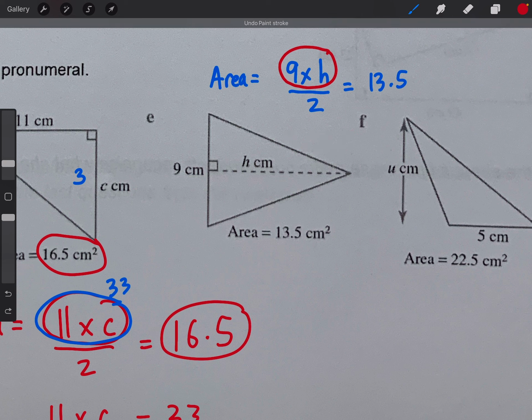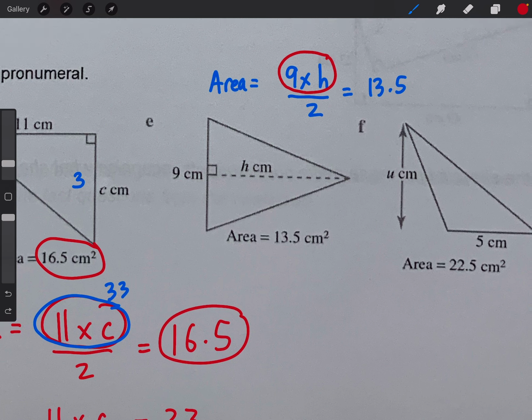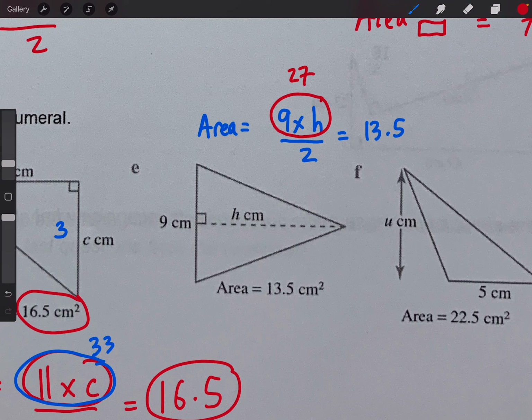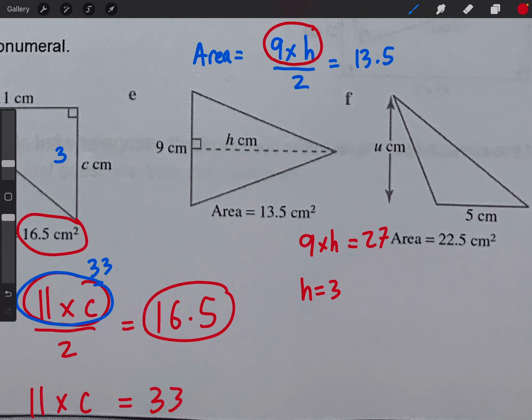Okay, so double of 13 is 26. Double 0.5 is 1, so 26 plus 1 is 27. So therefore, this top number must equal 27, because 27 divided by 2 is 13.5. So now we know that 9 lots of h is equal to 27. So therefore 9 times what is 27? h is equal to 3. 9 times 3 is 27. So therefore h, this number, is 3 centimeters.